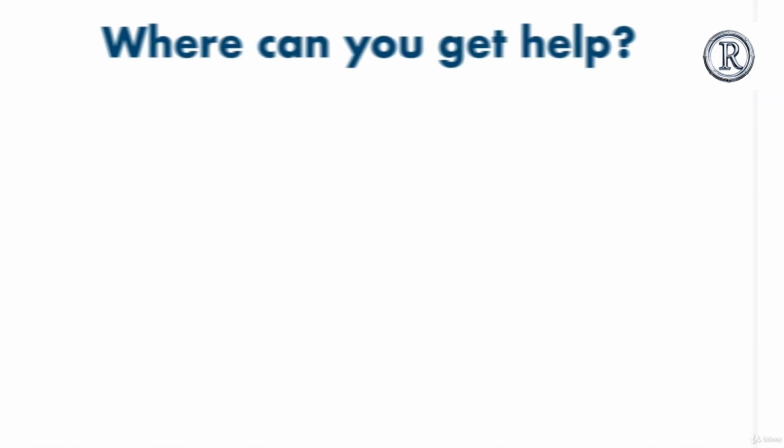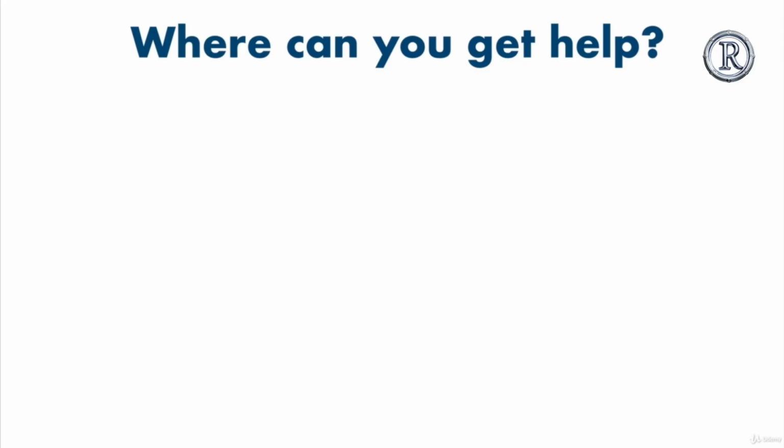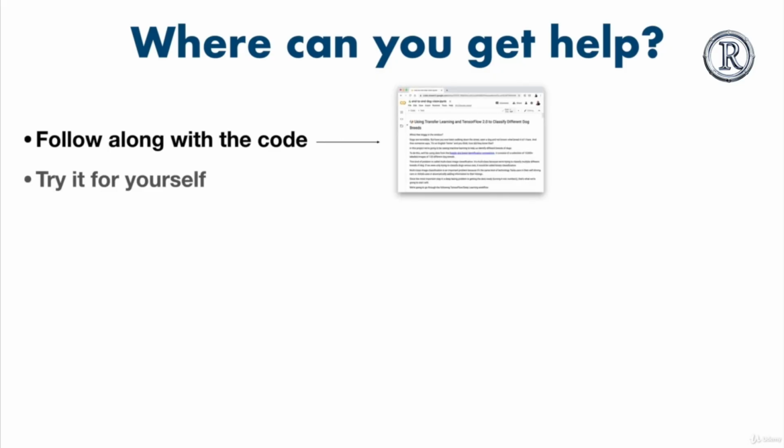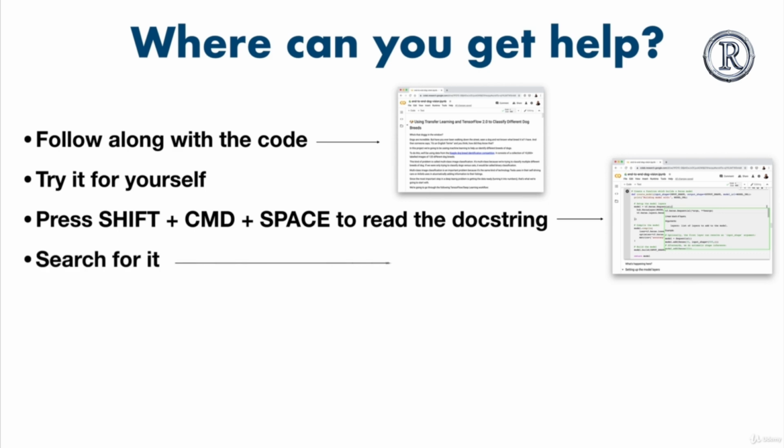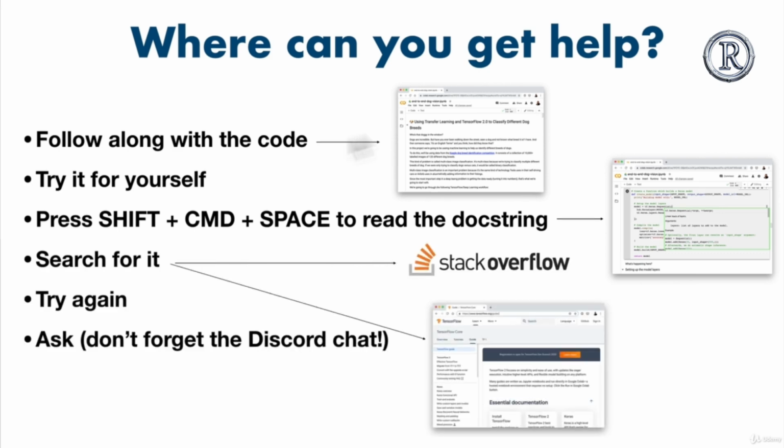Now, where can you get help with all of this? Because we're learning concepts and code at the same time, all within a project, do your best to follow along with your code. If in doubt, run the code. Remember, try it for yourself. Because we're using Google Colab, reading a doc string is a little bit different to a Jupyter notebook. You have to press Shift, Command, and Space to read it. If you're still stuck, don't be afraid to search for it.